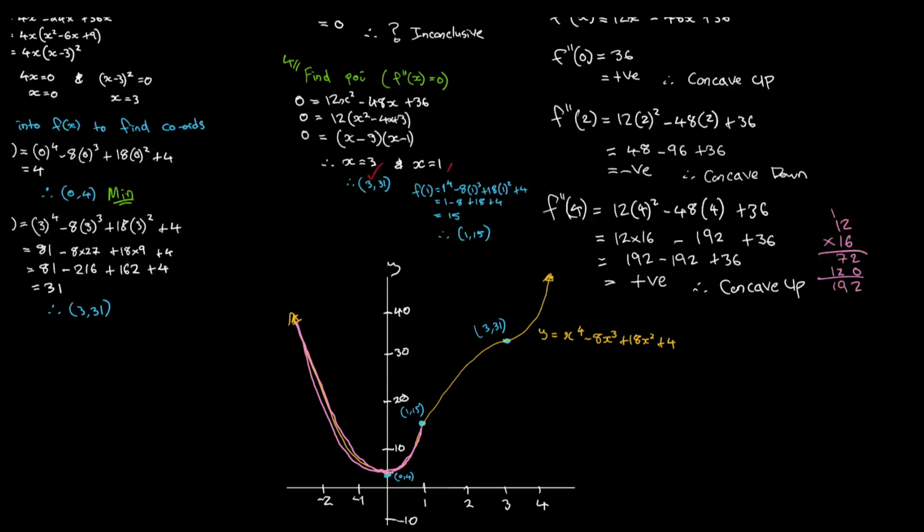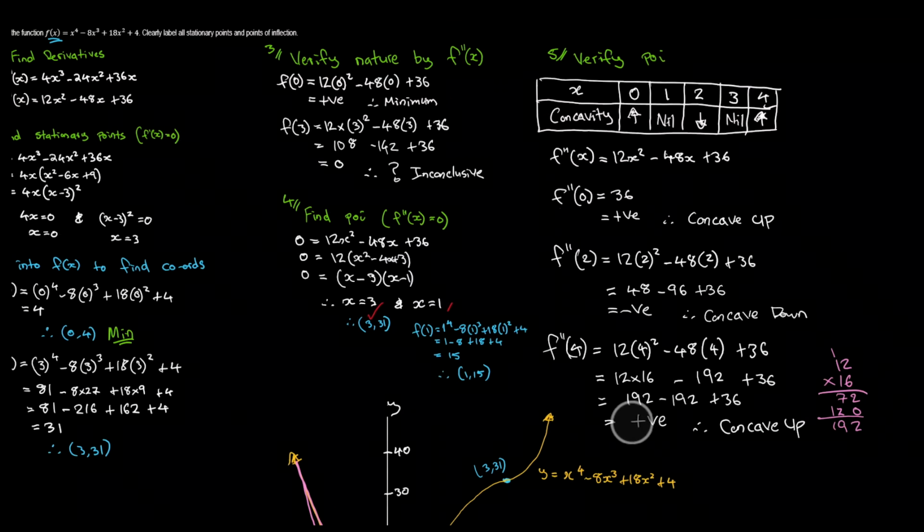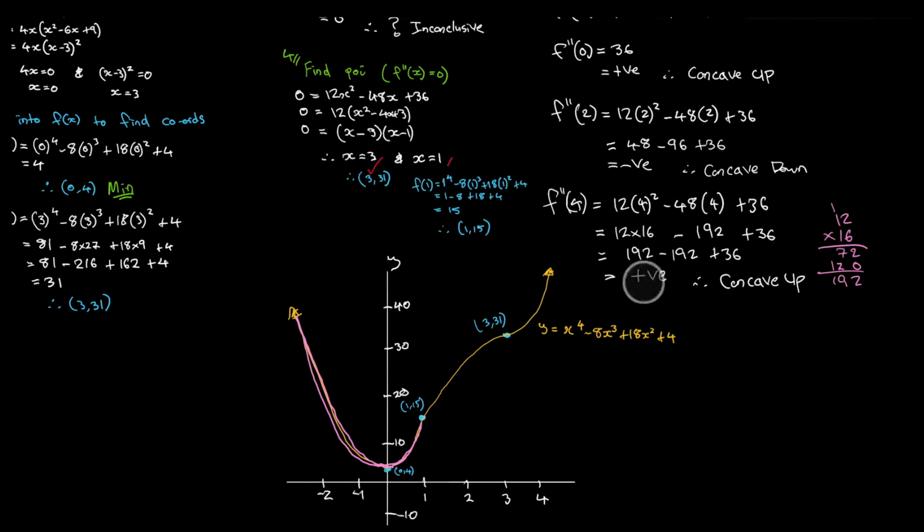Then between 1 and 3 we had downward concavity. So between here and here, if this green line continued, we would in fact have concave down.